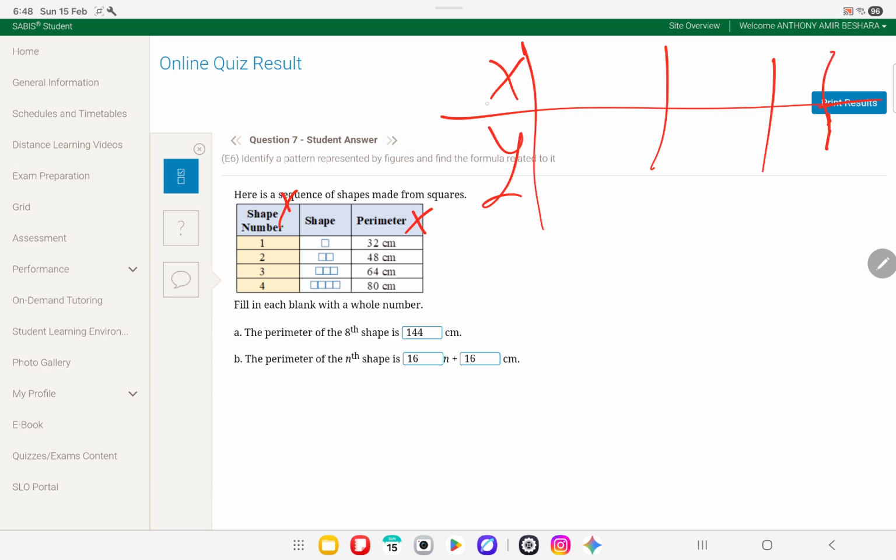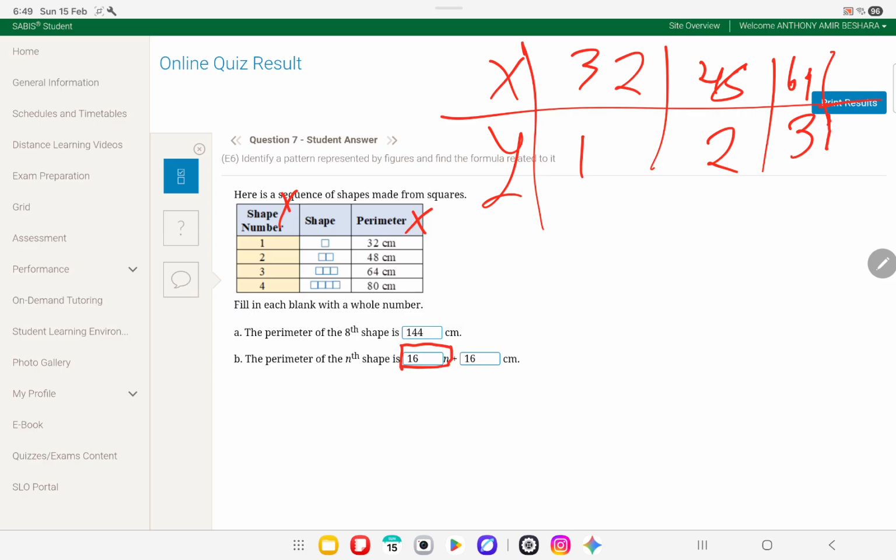X would be 32, 48, 64, and y would be 1, 2, 3.